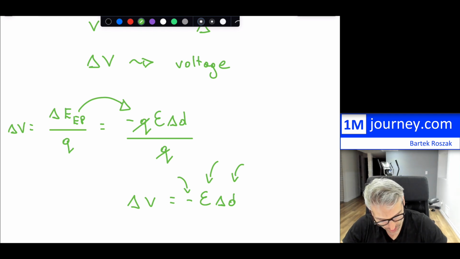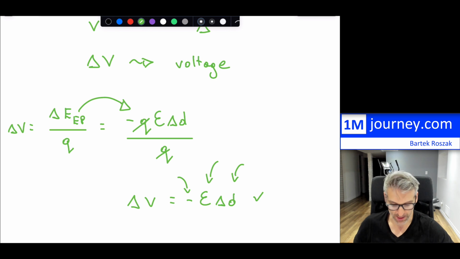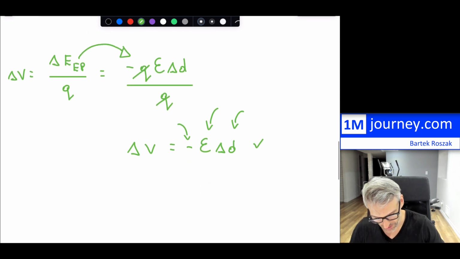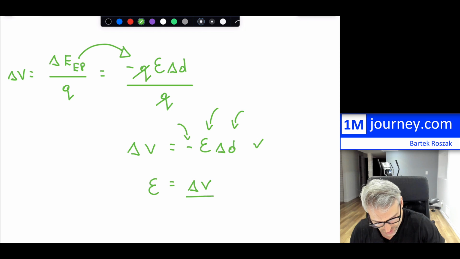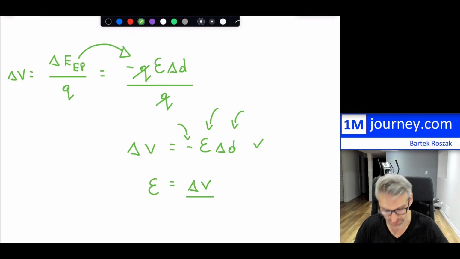So this is a pretty useful equation for us to have. What does this equation also tell us? Well, it tells us that we can actually find the electric field if someone tells us what the voltage, or the electric potential difference, is.